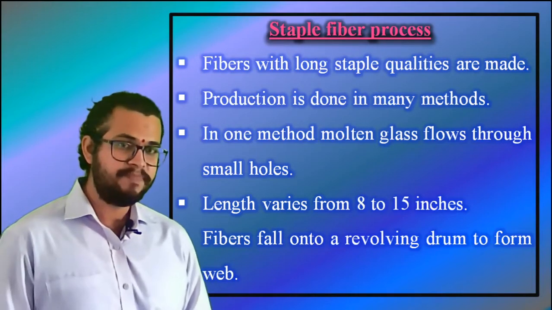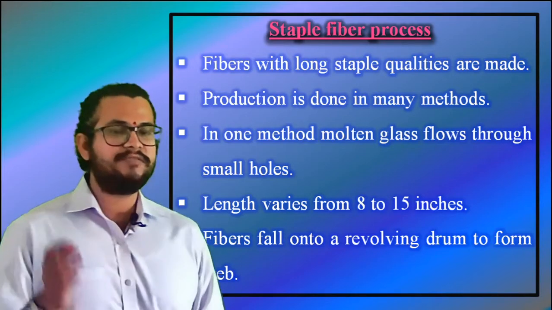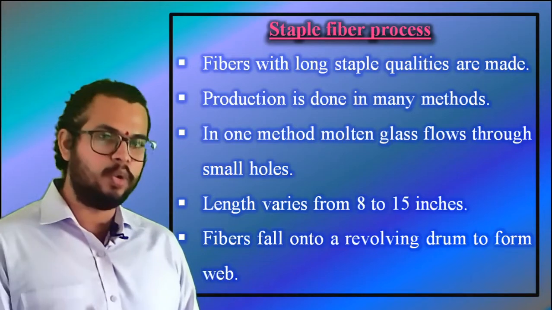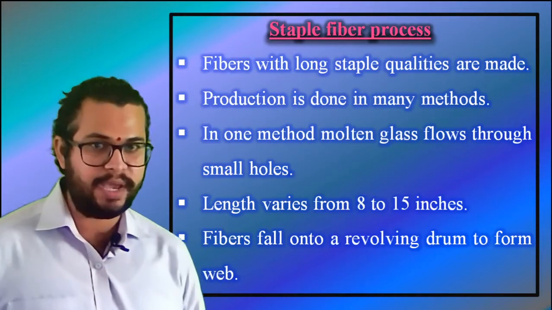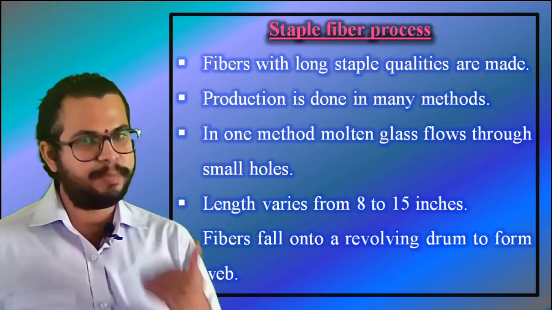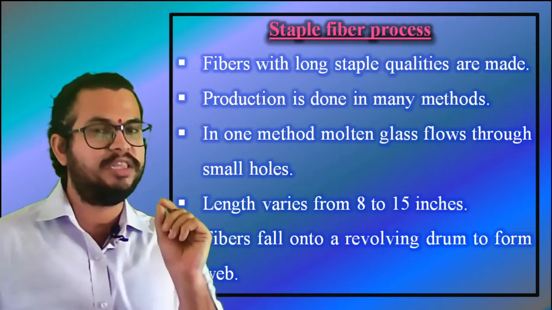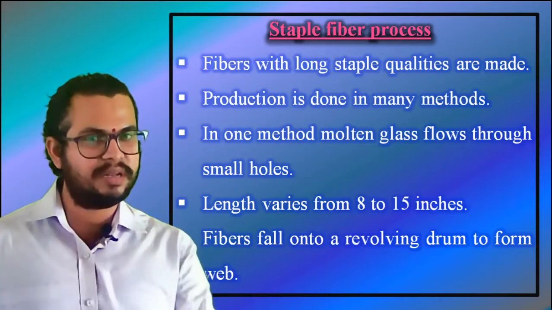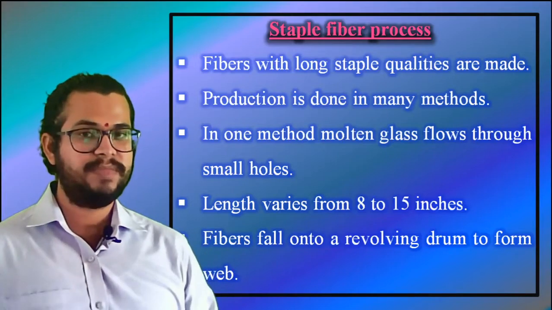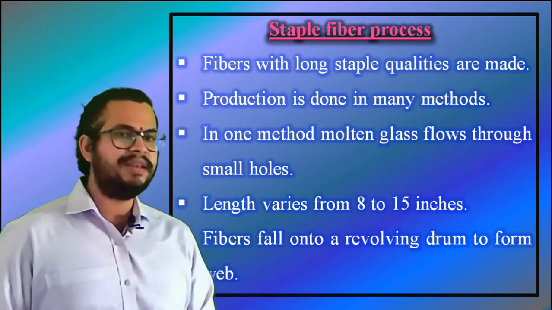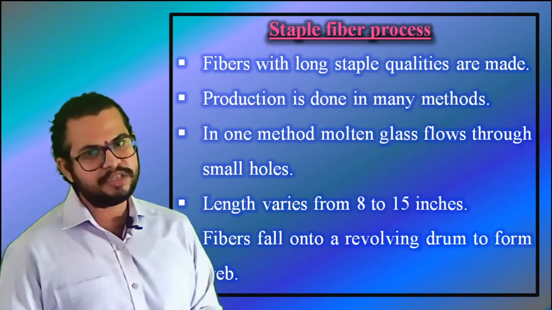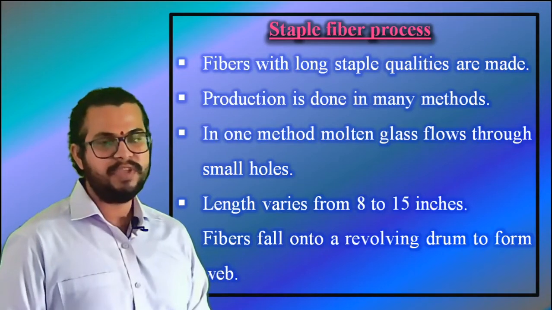In one such method, the molten glass flows through the small holes of the bushing, where multiple jets of compressed air shake the thin streams of molten glass into fine fibers. These fibers vary in length from 8 inches to 15 inches.